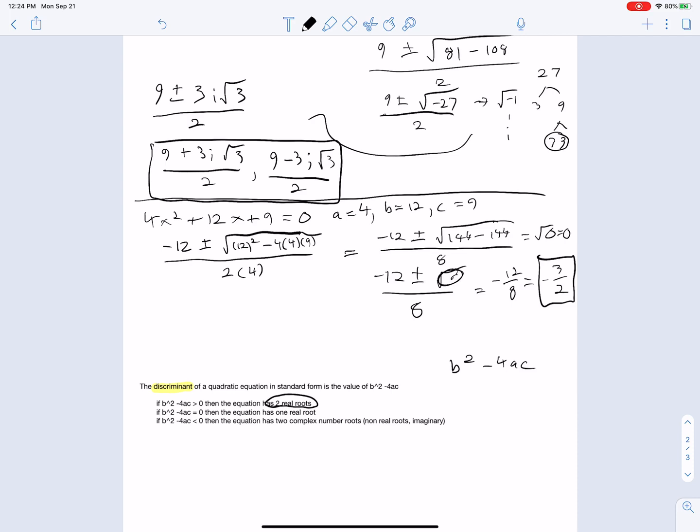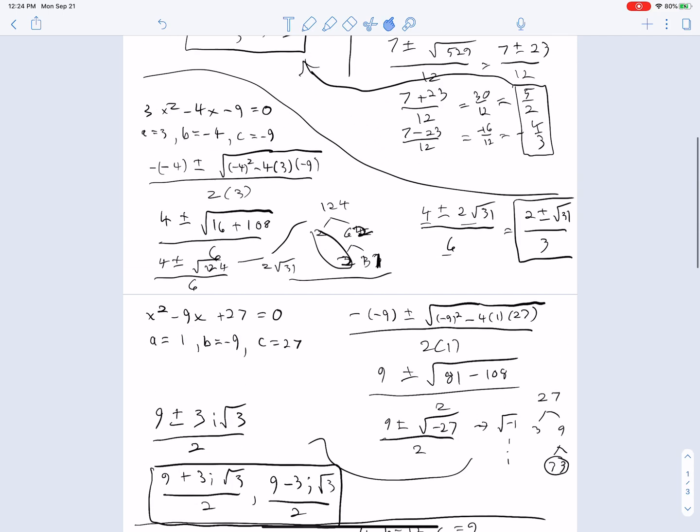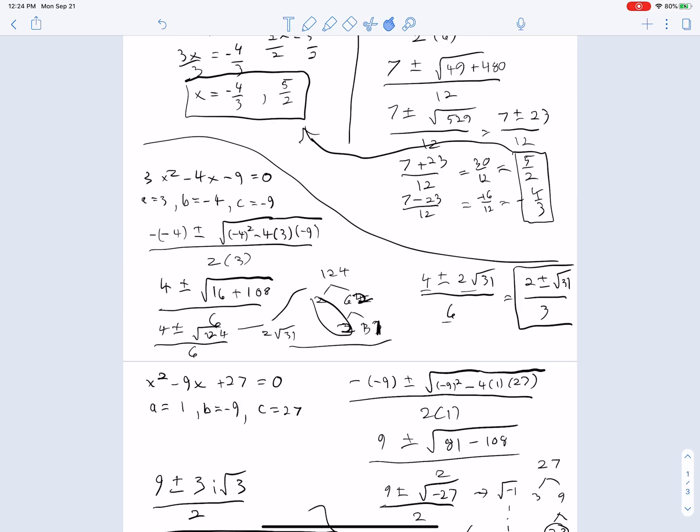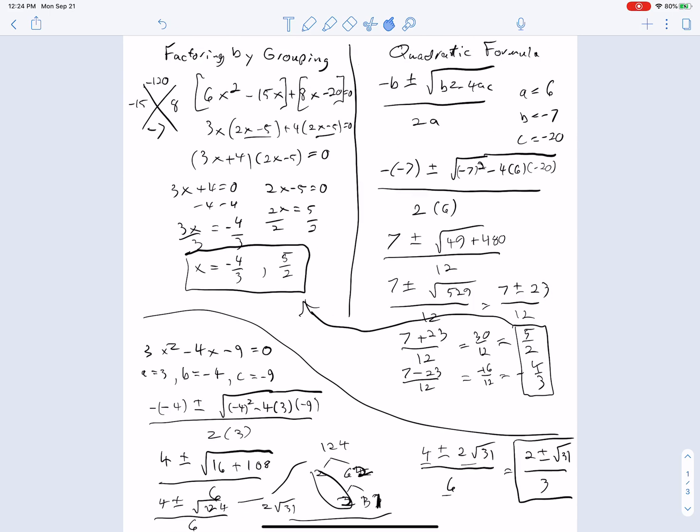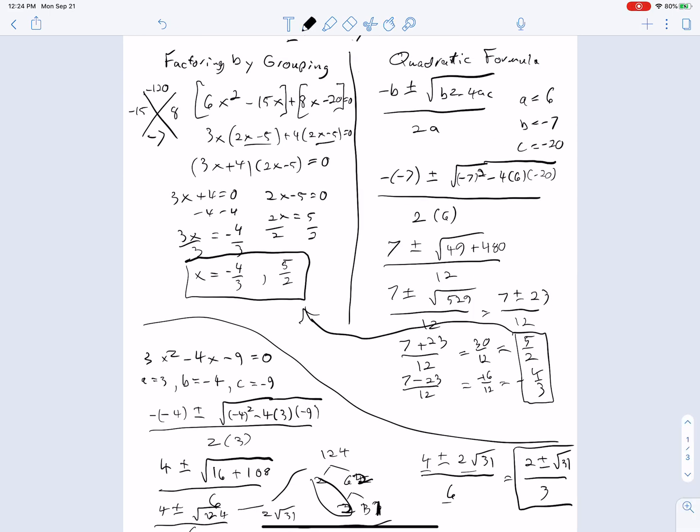So looking back at what we've done, when we had that root and it was positive, so the first example that we did, here, b squared minus 4ac is greater than 0, and we ended up with two real solutions.